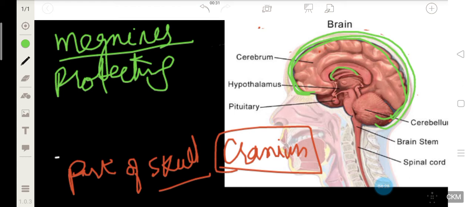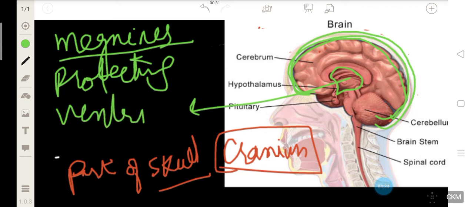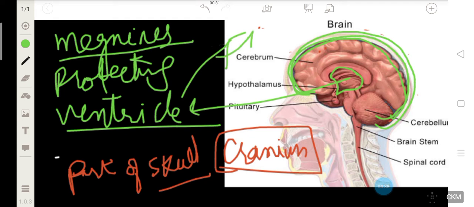Students, there are also some hollow chambers present, known as ventricles. These ventricles contain a fluid, and this fluid also travels toward the spinal cord, into the hollow area present in the spinal cord.